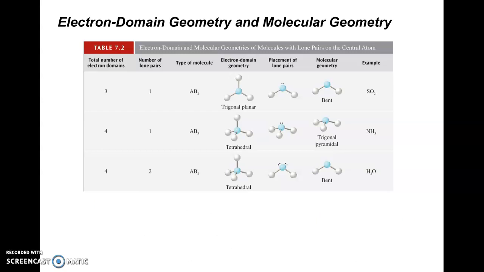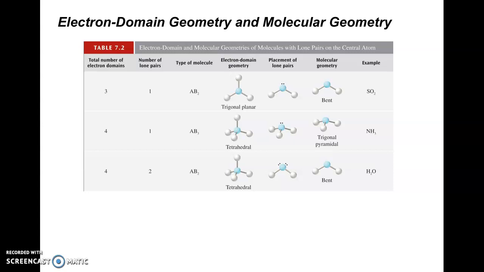It's on 2 different sheets, but what it does is it takes the number of electron domains and the number of lone pairs and determines the electron domain geometry and lets you see where the lone pairs are and then the resulting molecular geometry. So the first line is like what we saw with ozone, because you have 3 electron domains, but one of them's a lone pair, and so you end up with a bent molecule.